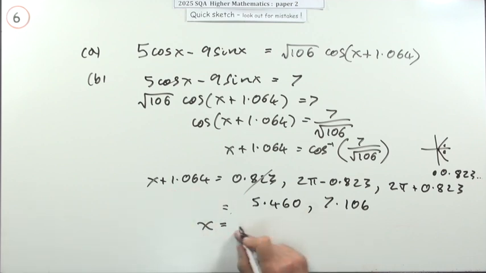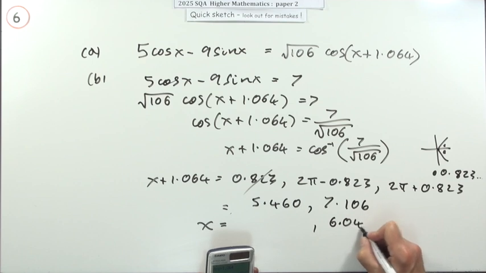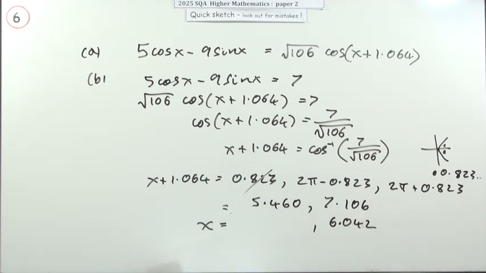So I think I'll just, instead of rewriting, I'll just subtract them. So that one would have been 6.042, and that one's 4.396. And there it is. It's quite a lengthy question calculation wise.